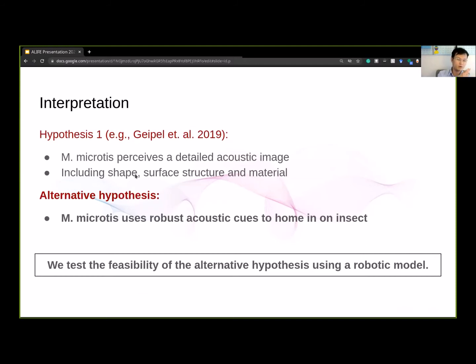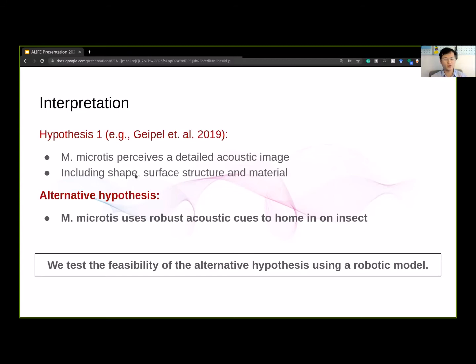So Geipel suggested that maybe Micronycteris bats perceive a highly detailed acoustic image of the leaf and the prey, so they were able to reconstruct the shapes, the structure, etc. However, our group has a different hypothesis. We think that Micronycteris use some other robust acoustic cue in order to home in on the target.